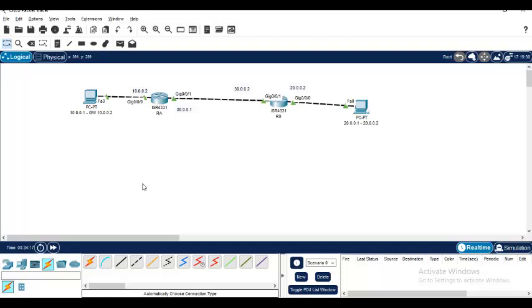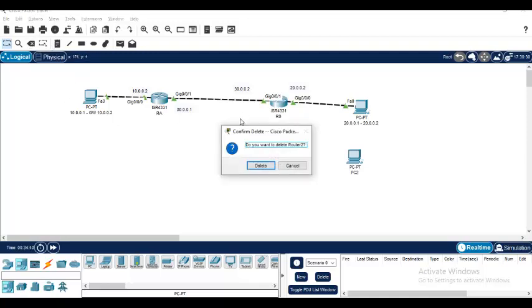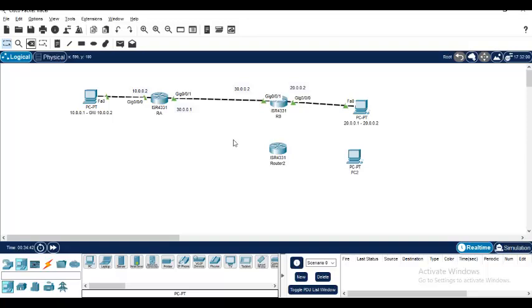Take another router and connect the computer here, and also connect a switch here, and connect the wire like this.